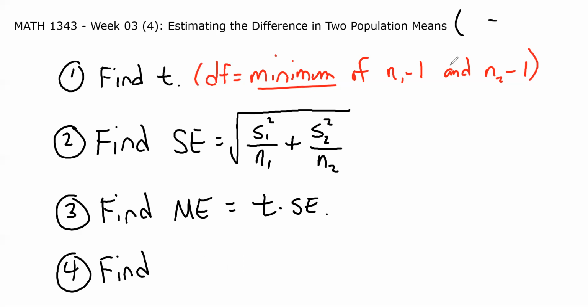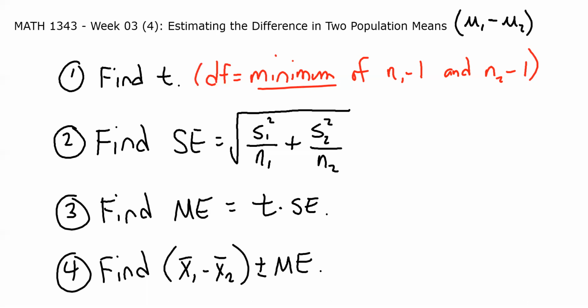The difference in 2 population means is mu1 minus mu2. This is what we're estimating. So when we build our confidence interval, we center it around the sample version of that, and the sample version of mu1 minus mu2, x bar 1 minus x bar 2, plus or minus the margin of error.